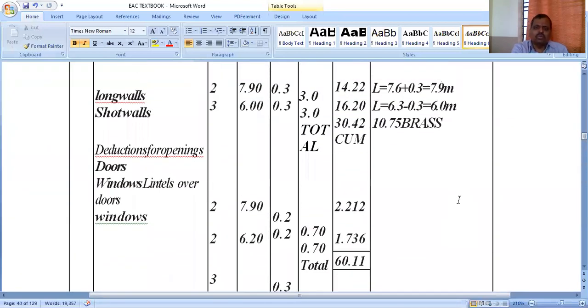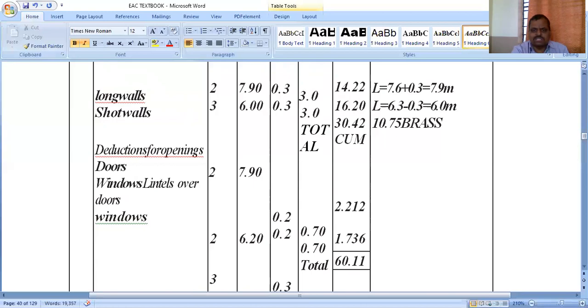Okay. Now what we have to do is deduct the windows and doors from the total quantity of brickwork. Why do we have to deduct it?